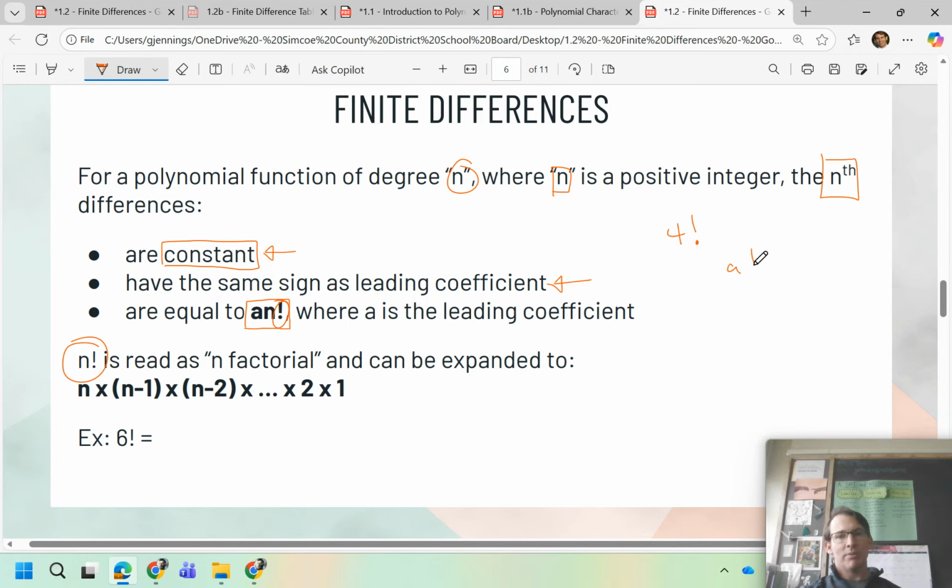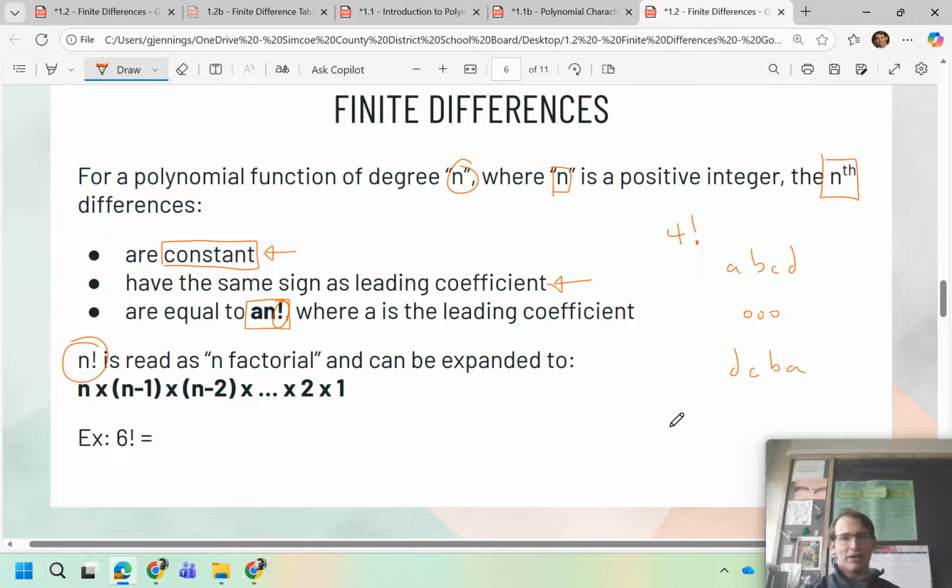I can eat them A, B, C, D, or I could eat them D, C, B, A, and I can eat them in a number of different orders. Anyone know how many different orders I can eat those fruits in? How many different words could I spell with those 4 letters with no repetition? How would we find that?